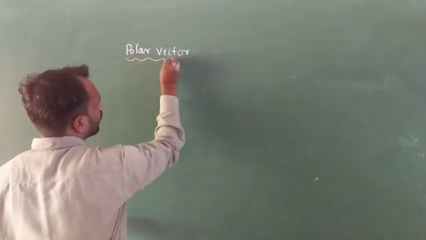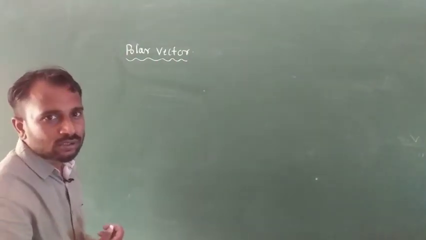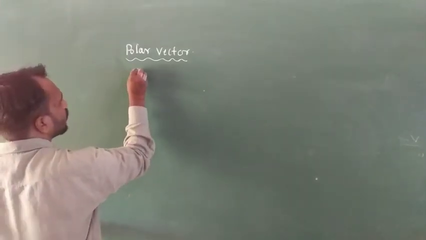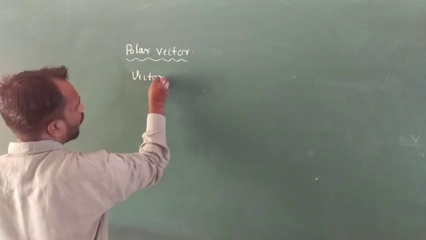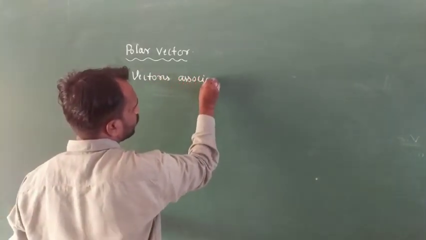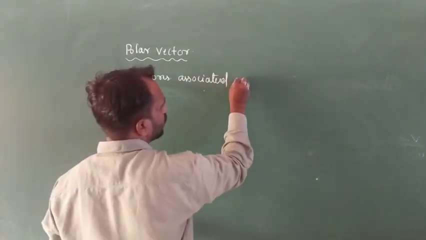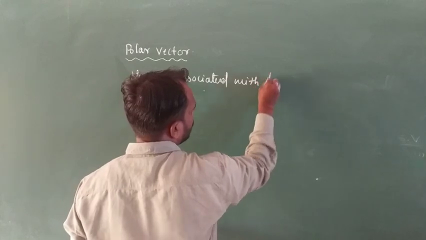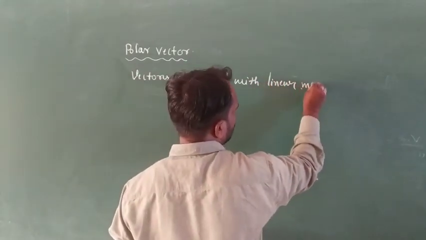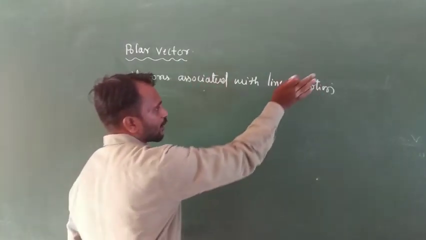Polar vectors are vectors associated with linear motion or linear direction.